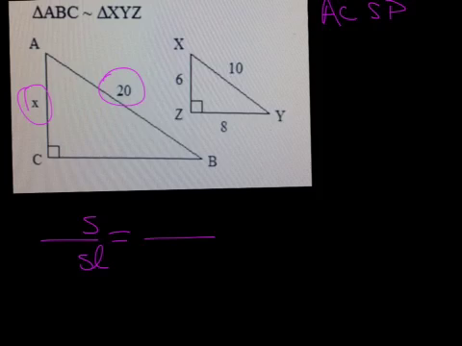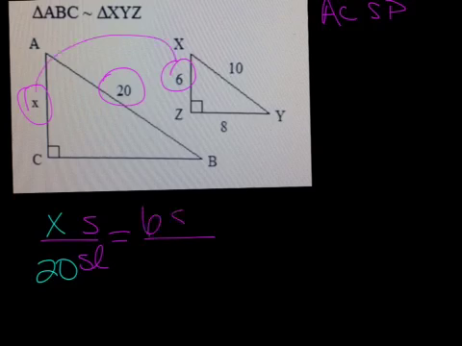So I'm going to have x over 20, and I need to do the same thing for the other one. I have 6, and that matches my x, so it's going to have to go on top. Side, it's pretty easy. But I have 2 left over. I have 10 and I have 8. But I know that I'm dealing with my slant.